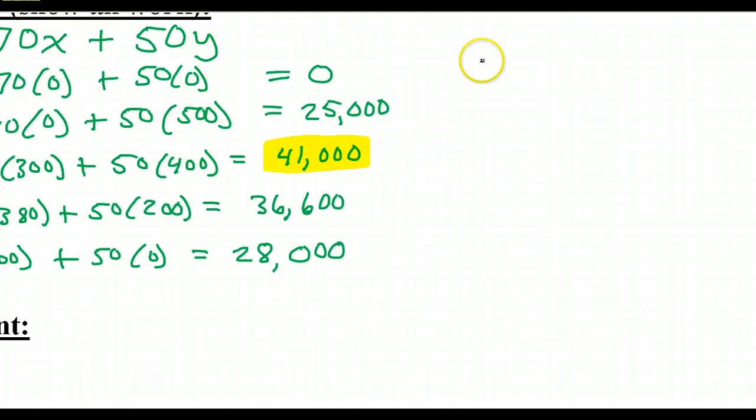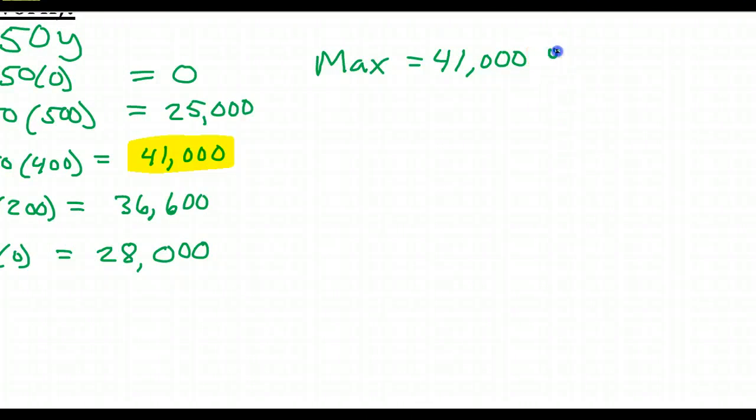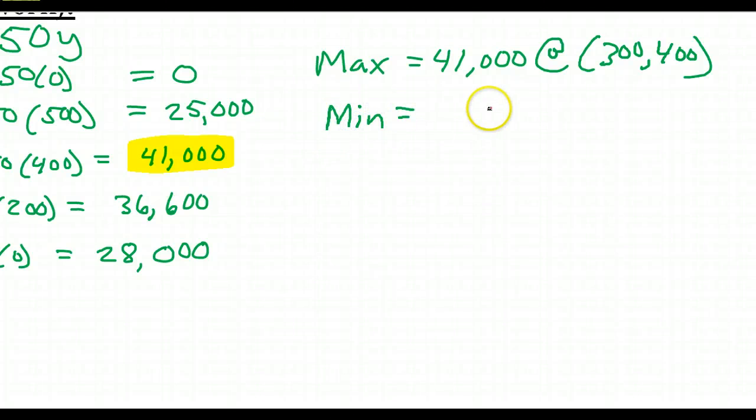So note, we had a maximum profit of 41,000, which occurred at (300, 400). Not that we need it for this particular problem, but the minimum was 0, which occurred at (0, 0).